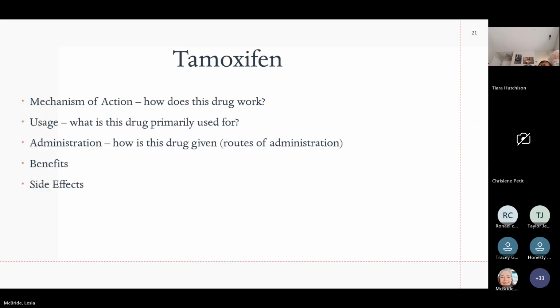Tamoxifen, make note of this. Again, tamoxifen is a drug that is used for the treatment of cancer, and it blocks estrogen from reaching receptor cells in breast tissue. It's actually an aromatase inhibitor, and it is starving estrogen positive tumors from the hormone they need to grow.